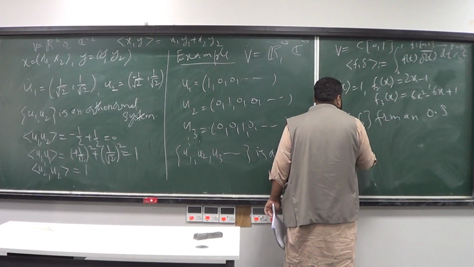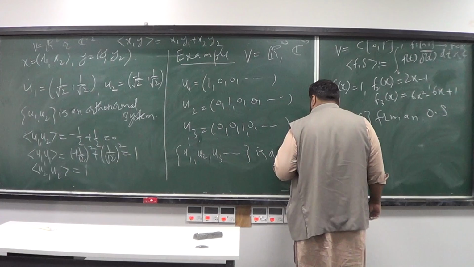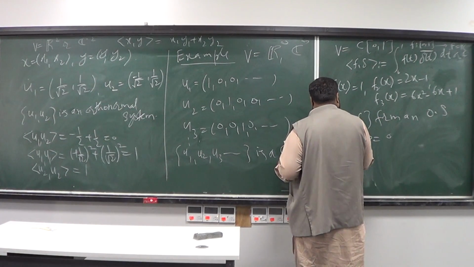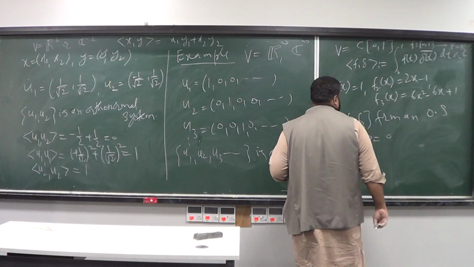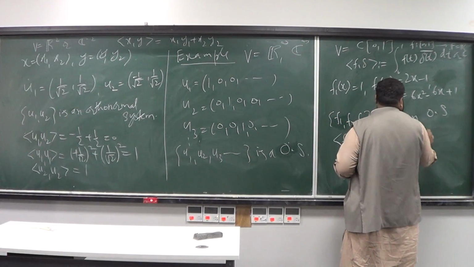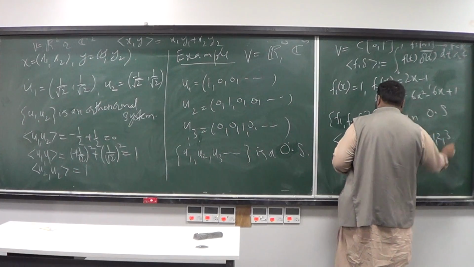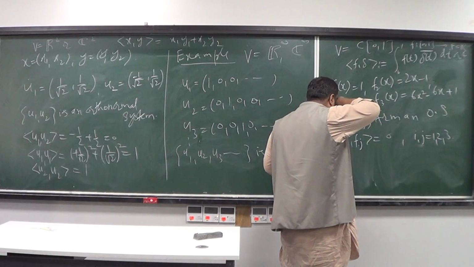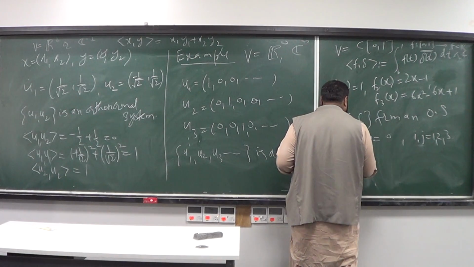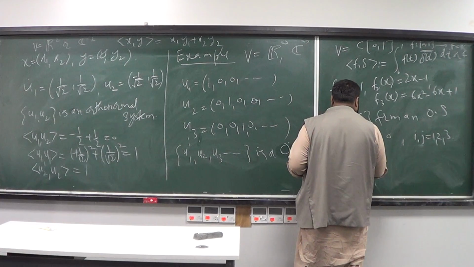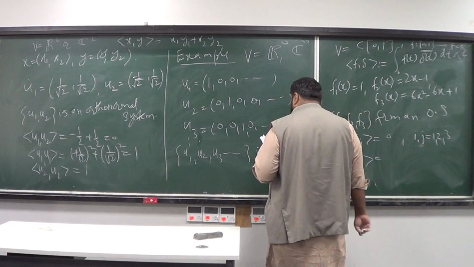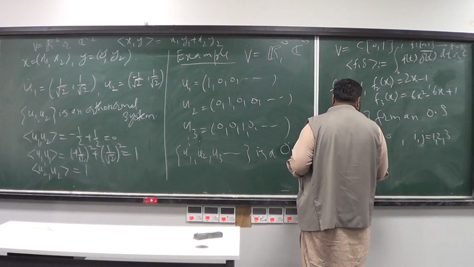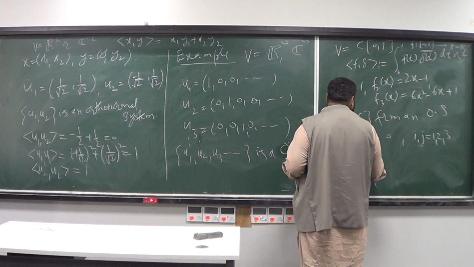Using this definition, you can make the calculation. You can say that the inner product of f1, f2 is 0, and you can prove that the inner product of fi, fj is 0, where i and j are 1, 2, 3 with i not equal to j, while the inner product of f1 with f1 is 1, and fi with fi is 1.